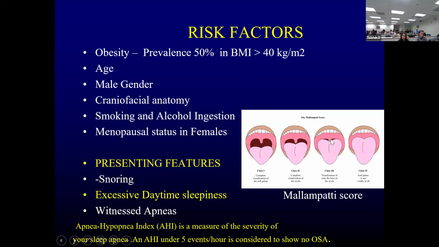If it's like this, 2. If it's minimally seen, 3, and if you can't see the posterior pharyngeal wall, that is Mallampati score 4. Mallampati score 4 has a very high predictive value for sleep apnea. So here is a clinical exam which can tell you whether the patient has sleep apnea or not. It is important because all patients who go for surgery under general anesthesia should be screened for this, because if you have sleep apnea and get intubated, you will have a hard time coming off the ventilator. You don't want that to happen.